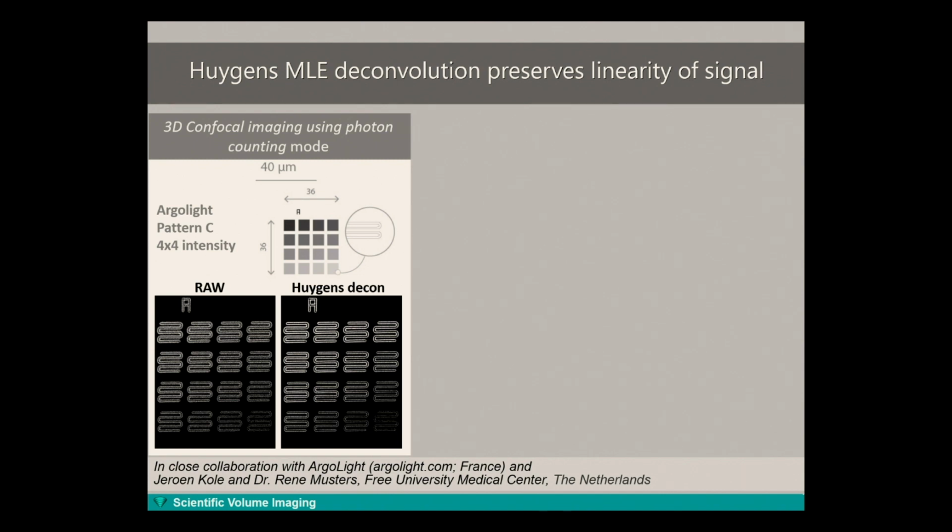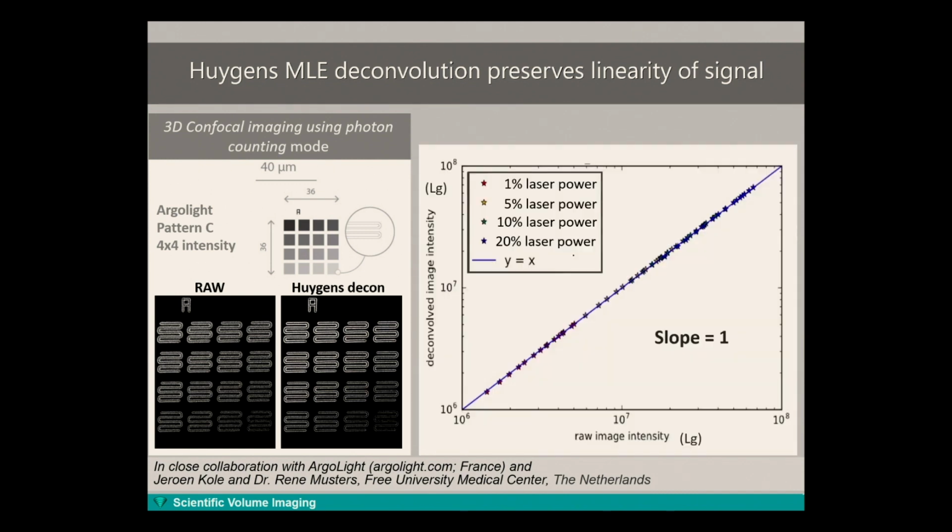After deconvolution, we measure the signal again, and if we plot it against the raw image intensities, then we see that the signal stays linear, and it stays linear for different laser powers even.